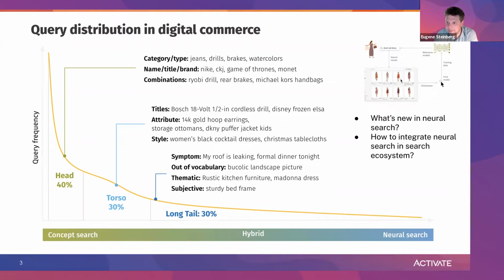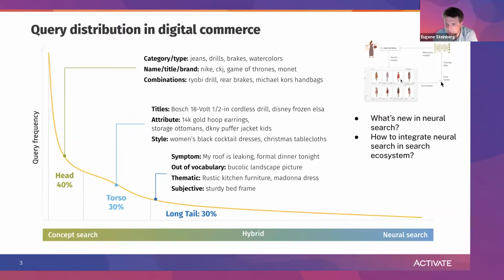They represent a name, title, brand, or combination of simple attributes, and traditional search techniques such as concept search or semantic query parsing are very effective in tackling these kinds of queries.